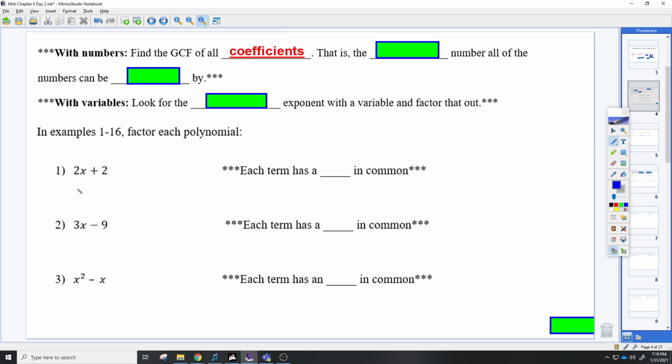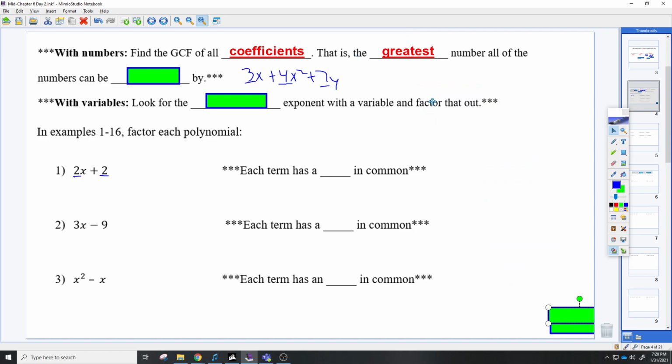Coefficients are just numbers in front of the variables. So no matter what you have, if you have 3x plus 4x squared plus 7y, it doesn't matter. You're looking at all the numbers in front. These are called coefficients. So you're going to find the GCF of all the numbers that are there, all the coefficients.